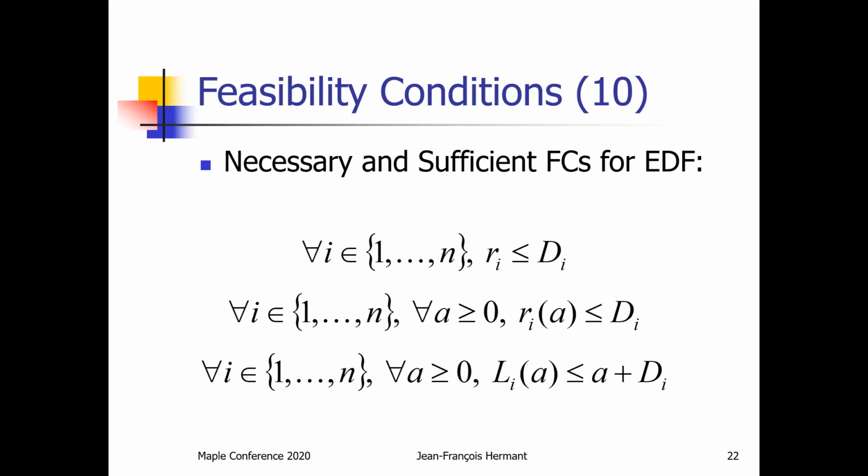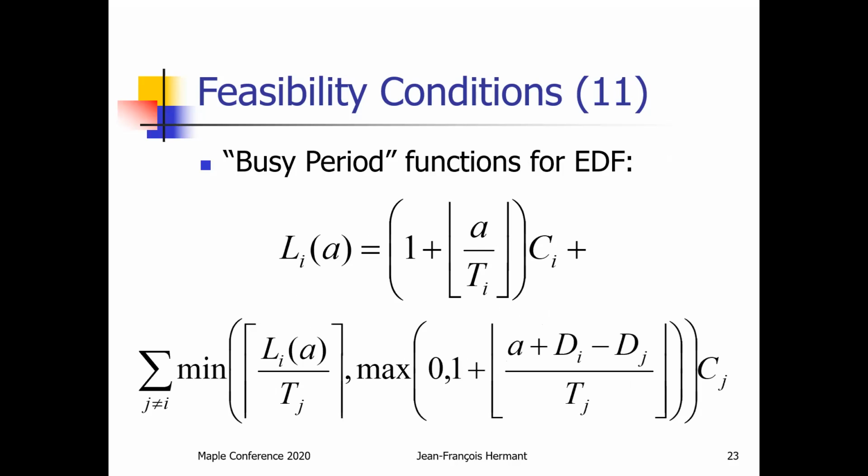The necessary and sufficient feasibility conditions for deadline-driven scheduling algorithms are written as follows. The computation of the busy periods is a bit more complex for deadline-driven scheduling algorithms than for fixed priority scheduling algorithms, but the reasoning is the same.